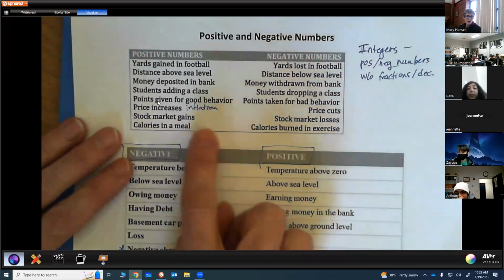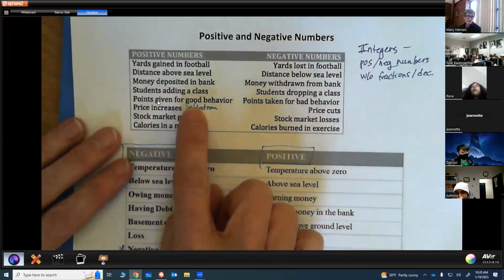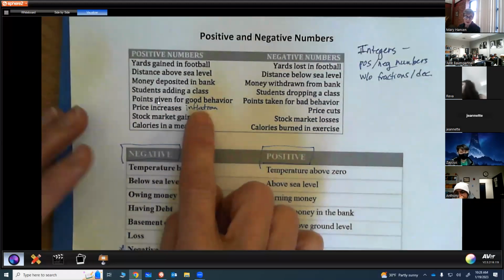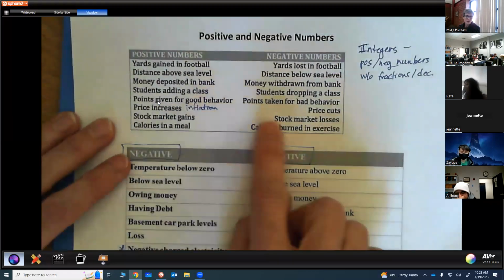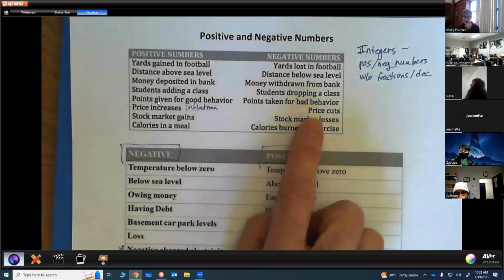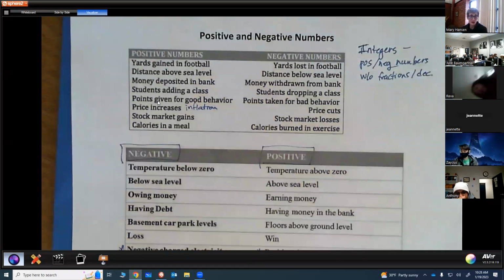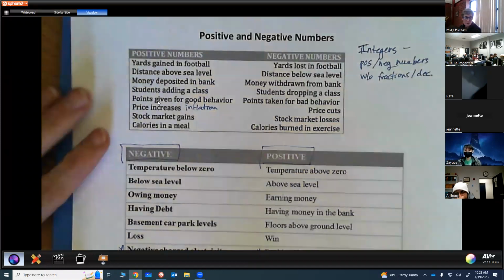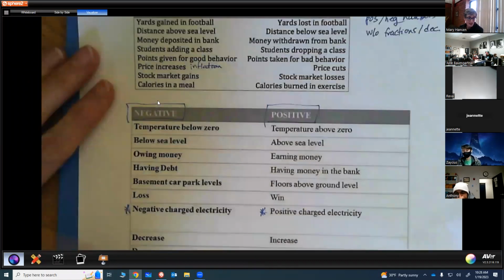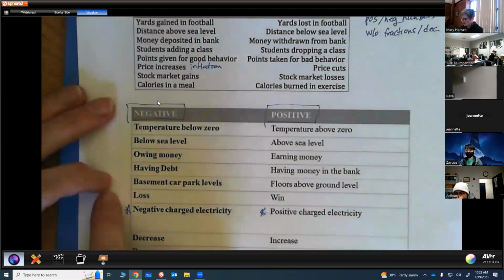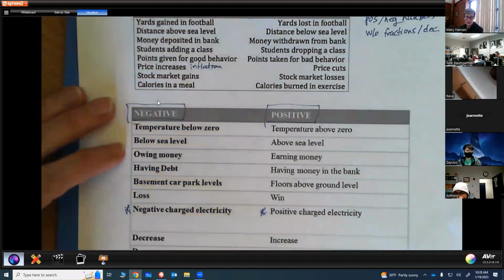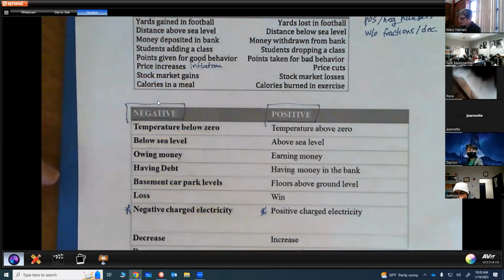When prices go up, that's a positive number, though it isn't necessarily a positive thing, and when prices drop, that would be considered a negative. Or temperature. I shared that I lived in Alaska a lot of years, and we talked about a lot of negative temperatures there. The coldest I've ever experienced is -80. So we do talk often about negatives when we're talking about temperature.